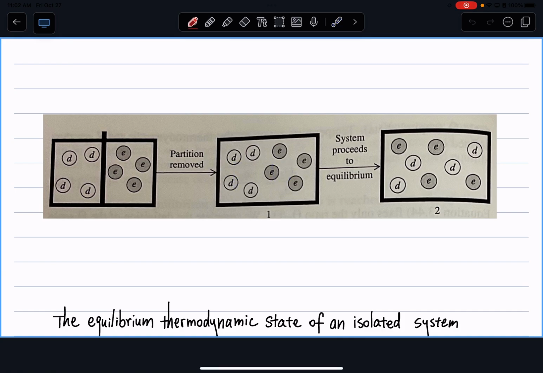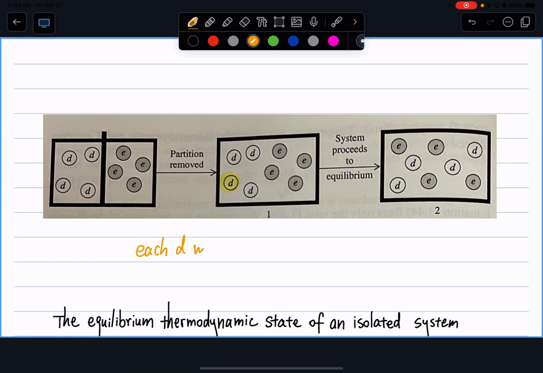So when we think as the gas molecule, let's just pick one molecule of interest. Each D molecule has a 50% chance to stay where it is and a 50% chance to move right.